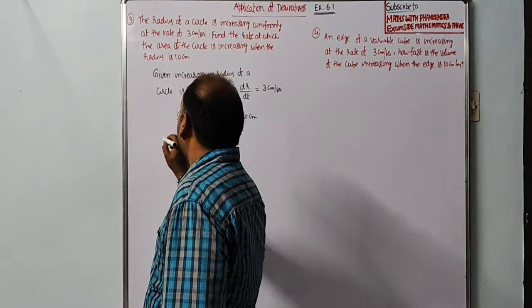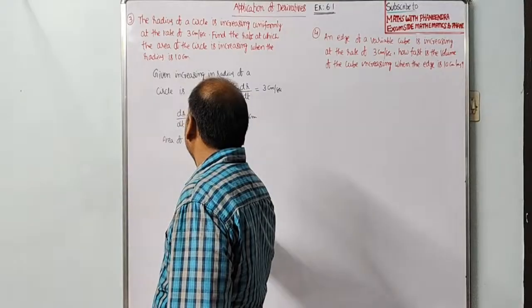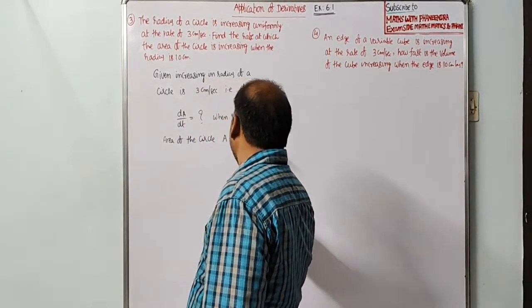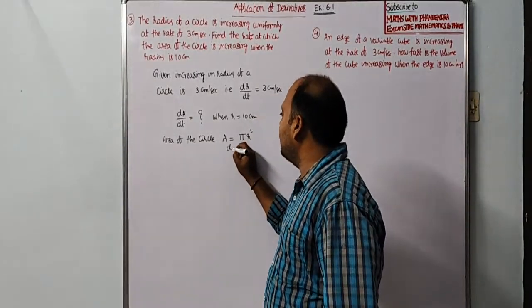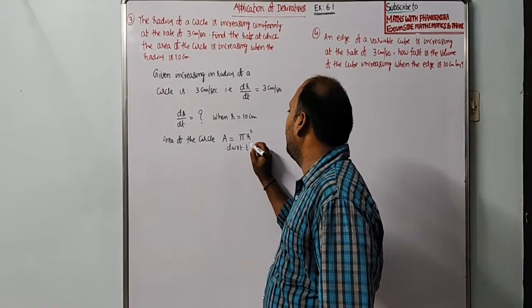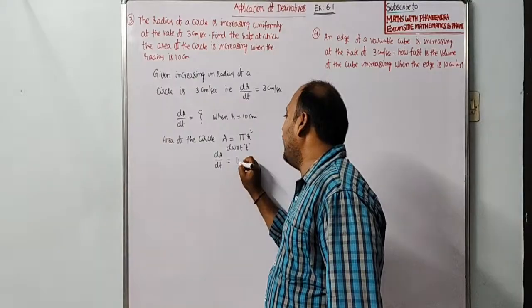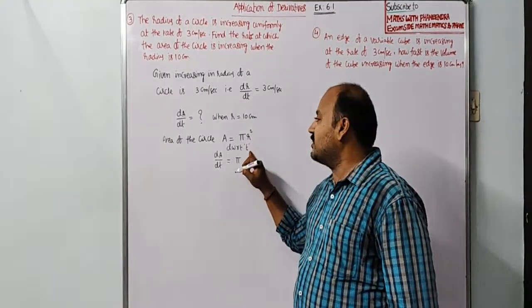So, area of the circle A is equal to pi r square. Okay, dear students. Next, differentiate with respect to t. So, dA by dt is equal to pi, which is constant, and the rest of the term we differentiate with respect to t.